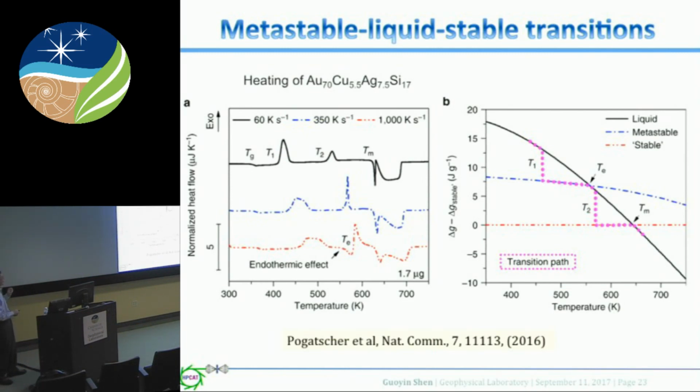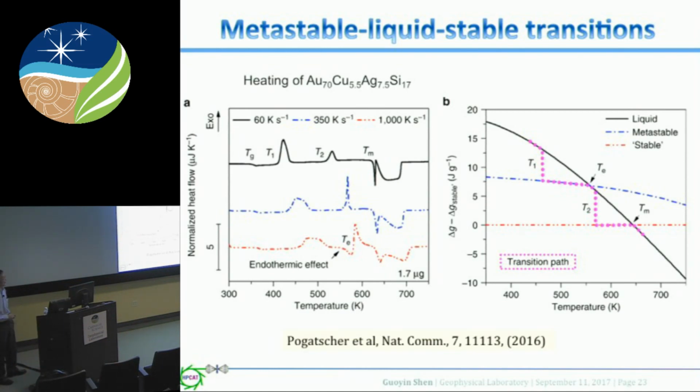The evidence is from calorimetric data, and the data here are at different heating rates. At 60 kelvin per second, they first see the glass transition, then the first crystalline phase, and then the second crystalline phase, which is the stable phase, and then eventually they see the melting.